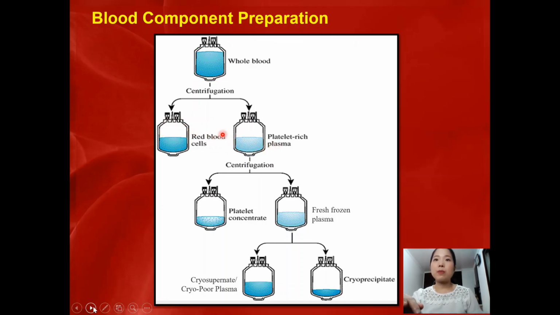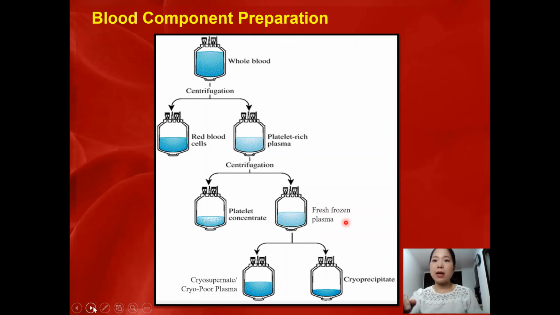This platelet-rich plasma came from the upper portion of this bag and is just expressed in another satellite bag. This platelet-rich plasma can undergo centrifugation, and what will precipitate is the platelet concentrate. The upper portion of this can be expressed in another satellite bag as your fresh frozen plasma.